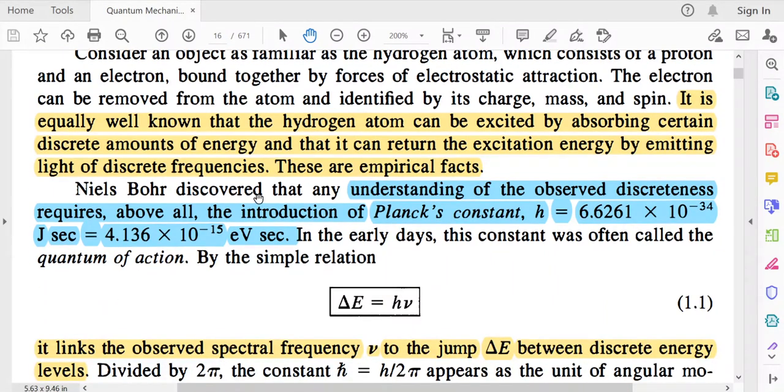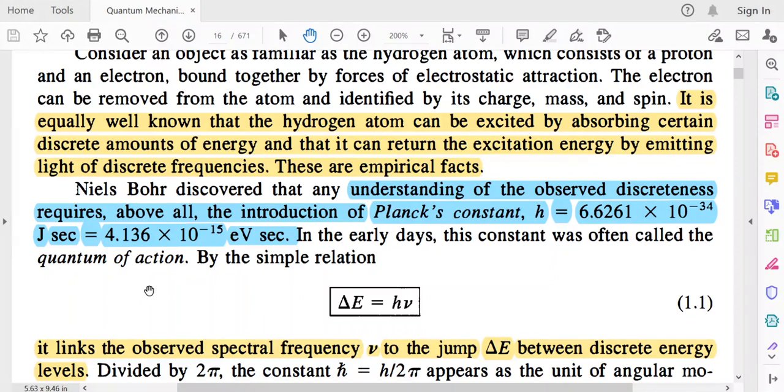Niels Bohr discovered that any understanding of the observed discreteness requires, above all, the introduction of Planck's constant h, small h equal to 6.62 into 10 to the power minus 34 joule second. So the discreteness which we are discussing needs a particular constant, small h.